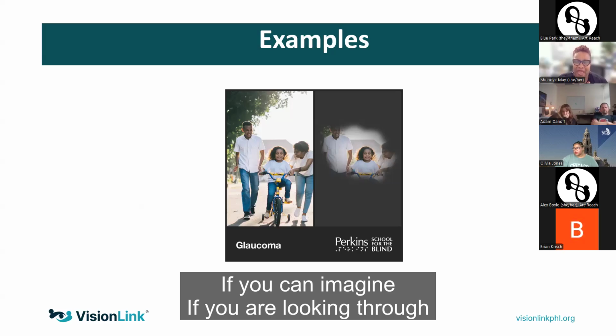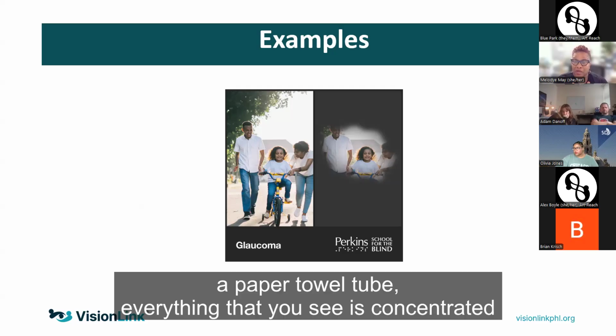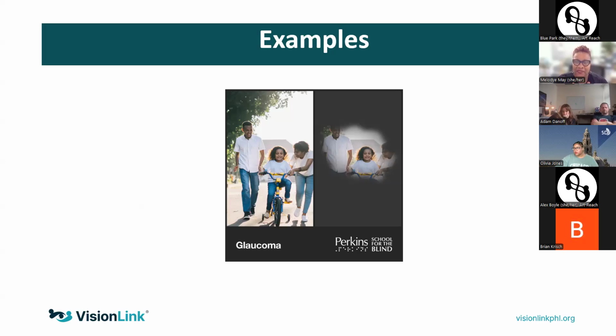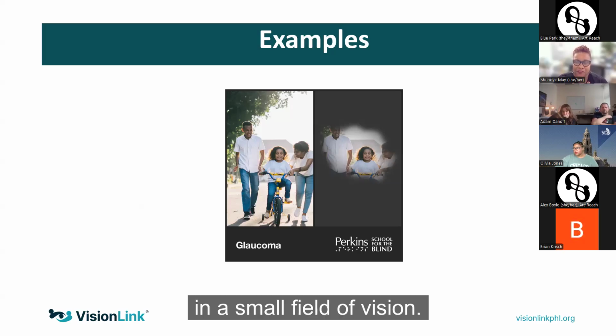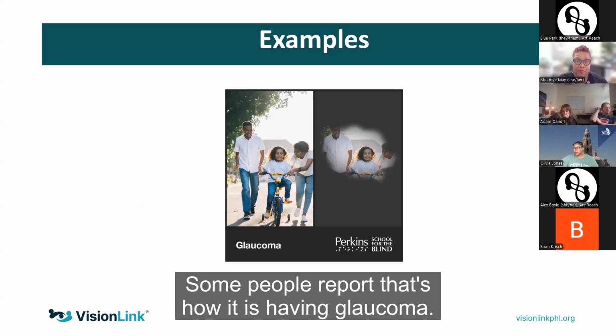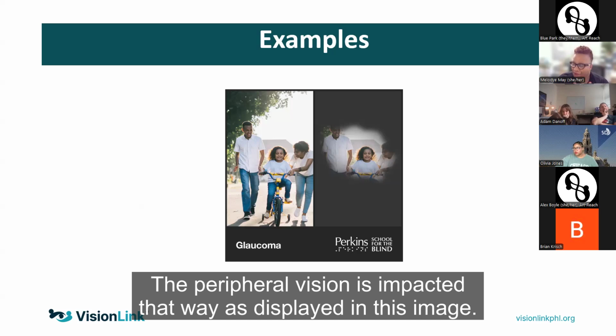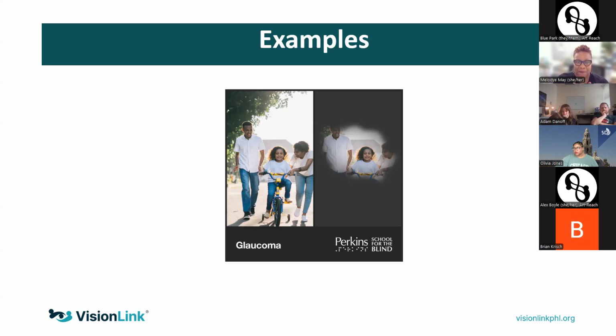So if you can imagine looking through a tube, a paper towel tube, everything that you see is concentrated in a small field of vision. Some people report that's how it is having glaucoma. The peripheral vision is impacted that way, as displayed in this image.